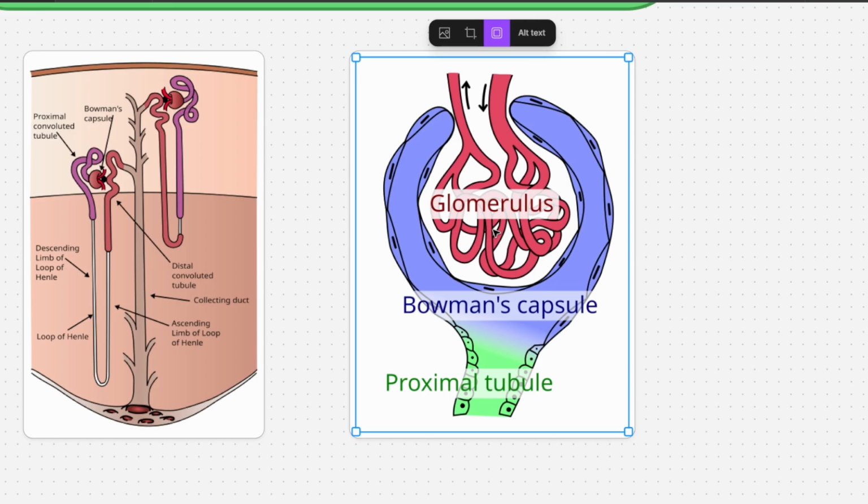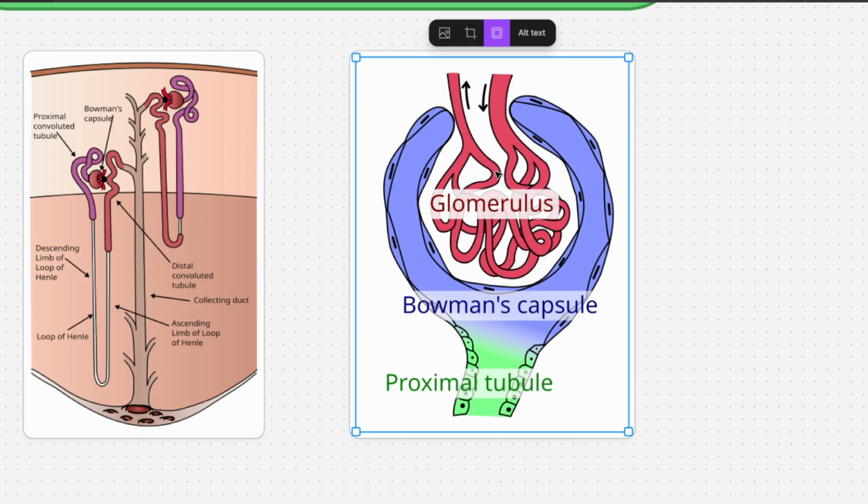This is the most crucial process. So this tuft of capillaries, why do we need a tuft? Why can't it just be an arteriole in and then an arteriole out?